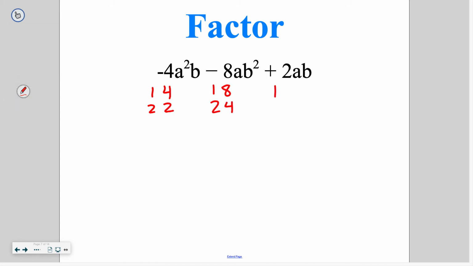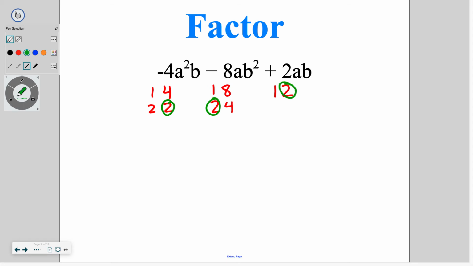And 2 is just 1 and 2, giving us our GCF of 2. But in this case, since we've got that leading coefficient, that negative 4 in the front, we are going to pull out a negative 2 as our factor. So again, if there is a negative leading coefficient, find your GCF number normally and then turn it negative.